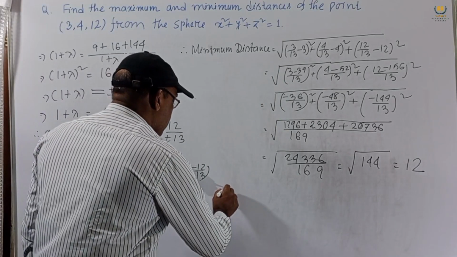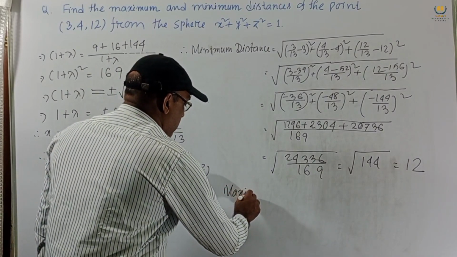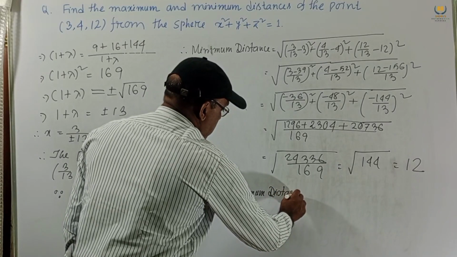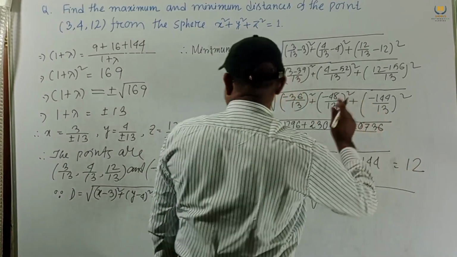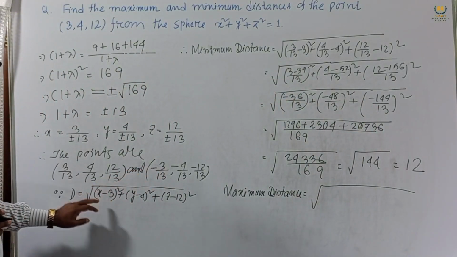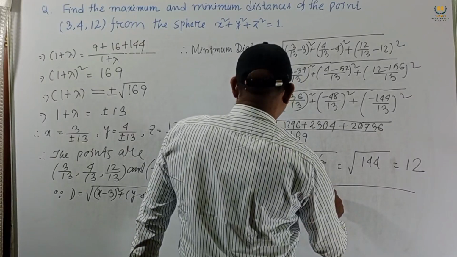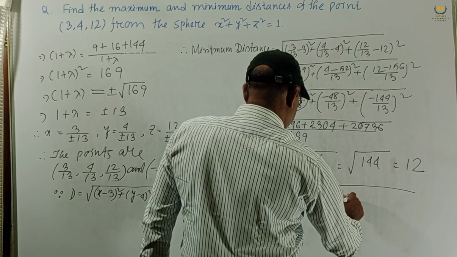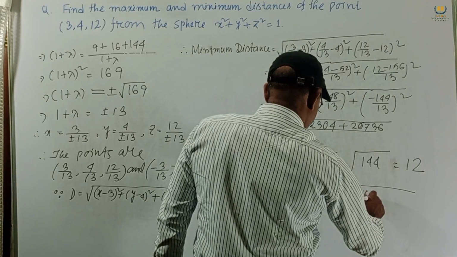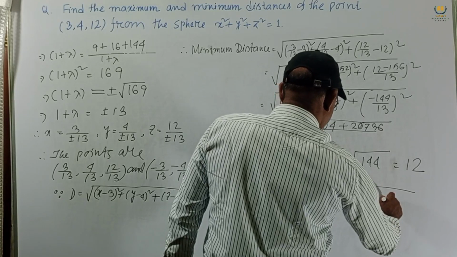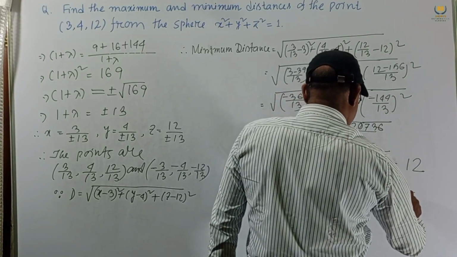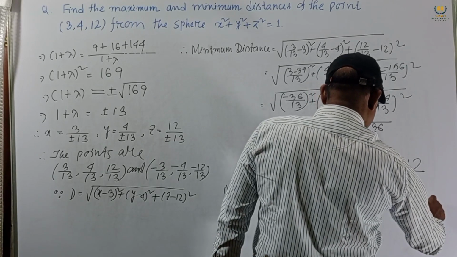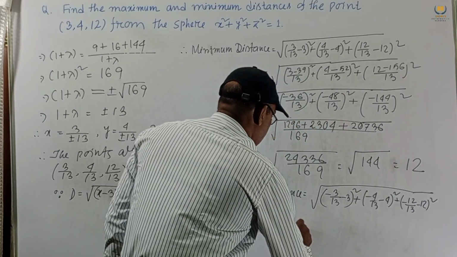Now the maximum distance. Putting this point here, we get minus 3 by 13 minus 3 whole square, minus 4 by 13 minus 4 whole square, and minus 12 by 13 minus 12 whole square.